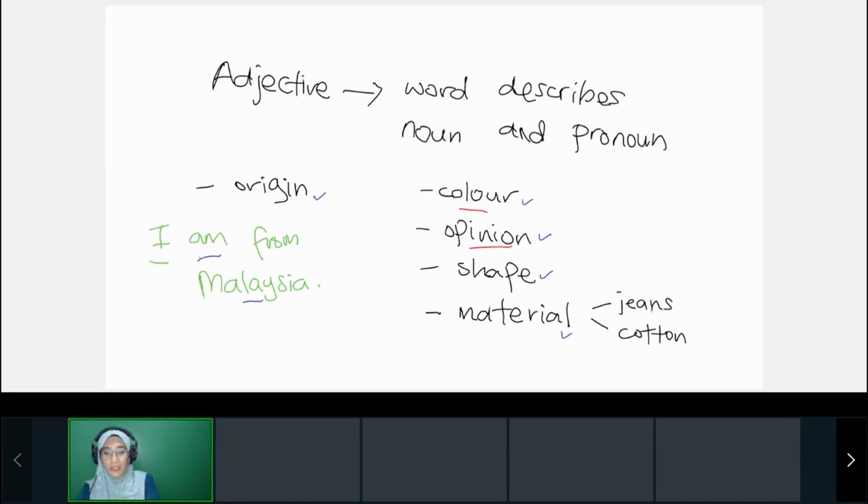Maybe it's peach pink, or maybe it's blush pink, right? So we love to use opinion, especially, and we love colors as well. So these are some of the types of adjectives that you can use to make your sentence interesting for your noun and for your pronoun as well. I hope you got that.